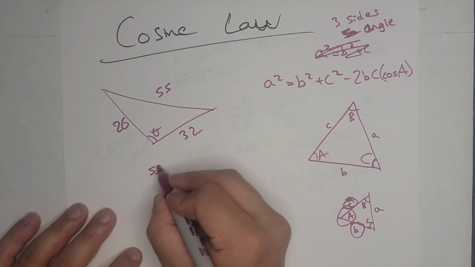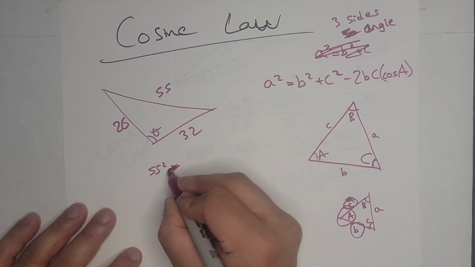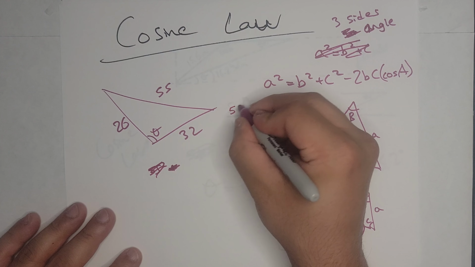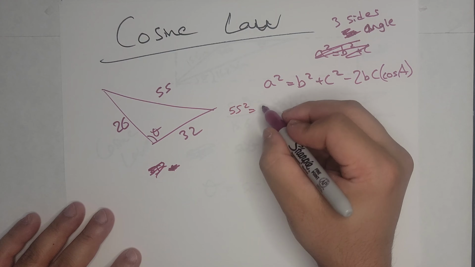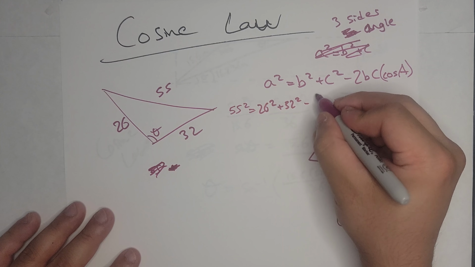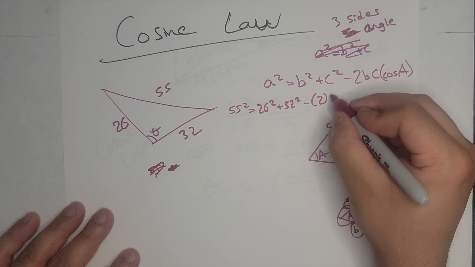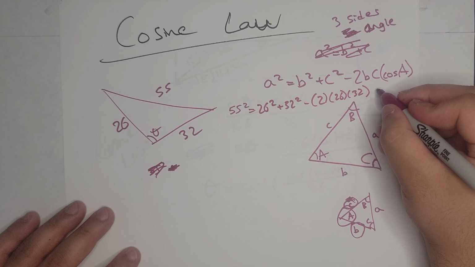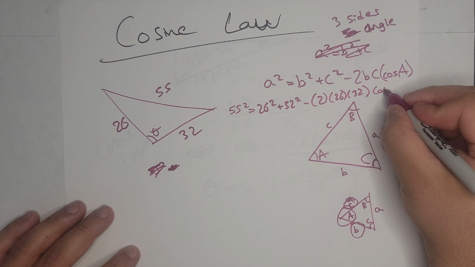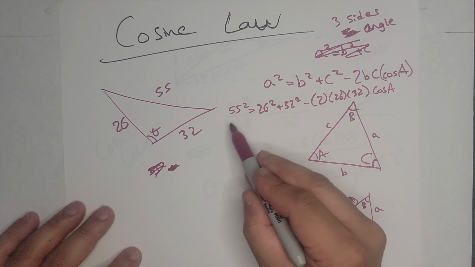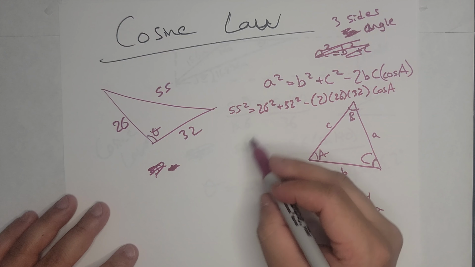So 55 squared. Let me write it here. 55 squared is equal to 26 squared plus 32 squared minus 2 times 26 times 32 times cos of A, which I don't know yet. So I can start bringing these over and subtracting them.